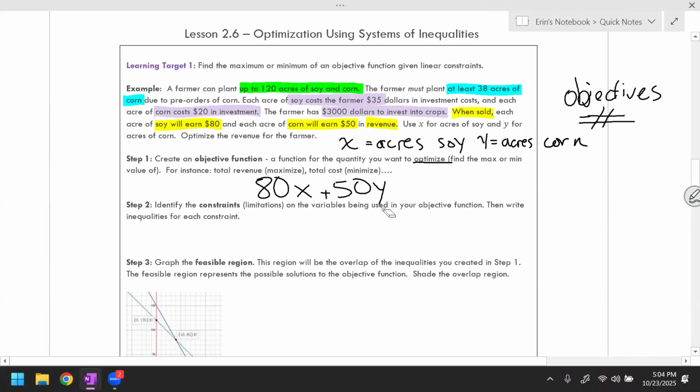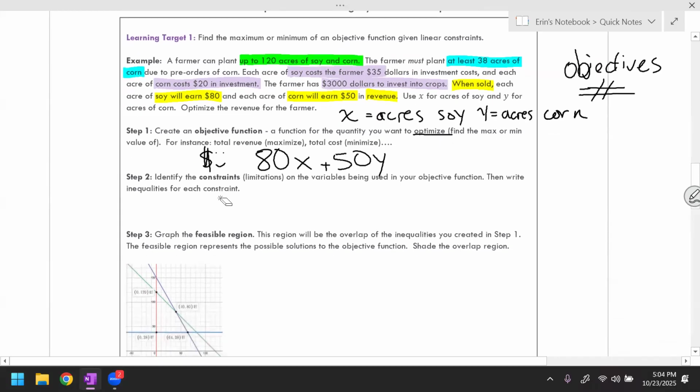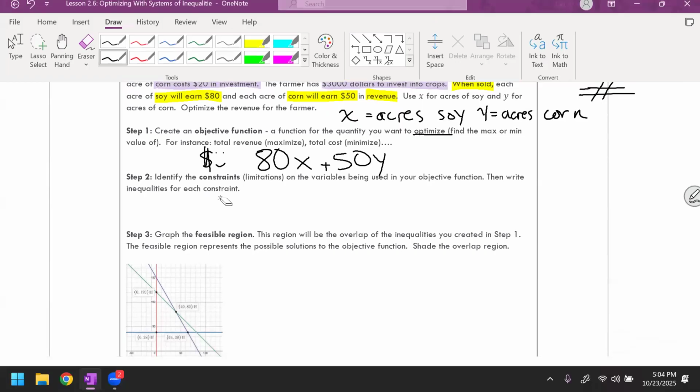Right? This is just our revenue. This is our money. Cha-ching. Okay. This is what we're trying to get the most of.